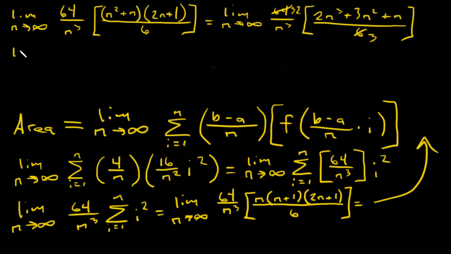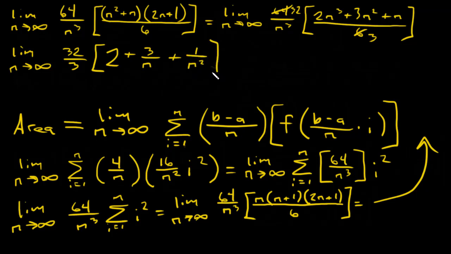So this is the limit as n goes to infinity of 32 over 3 times, I'm going to get 2n cubed over n cubed, which is a 2, plus 3n squared over n cubed, 3 over n, plus n over n cubed, 1 over n squared, and now I apply the limit. 0, 0, 2 times 32 over 3, 64 over 3.